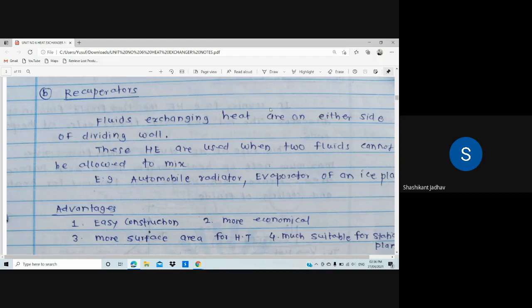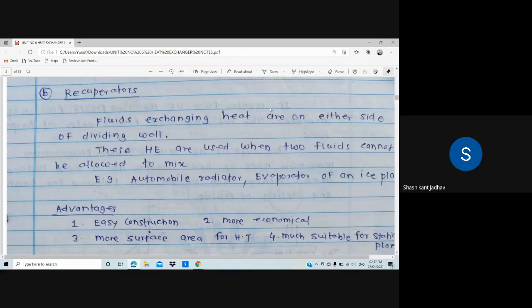Okay, so write down the examples of the recuperator type of heat exchanger. Write down automobile radiator, then evaporator of an ice plant. Okay, तर याच्यामध्ये काय असणार, एक डिवायडिंग वॉल असणार आहे, डिवायडिंग वॉलच्या साईडला किंवा दोन सेपरेट पाईप्स असतील, एक हॉट फ्लुइड एक कोल्ड फ्लुइड. ओके, तर त्याच्यामध्ये काय असणार आहे, heat exchange होणार आहे.